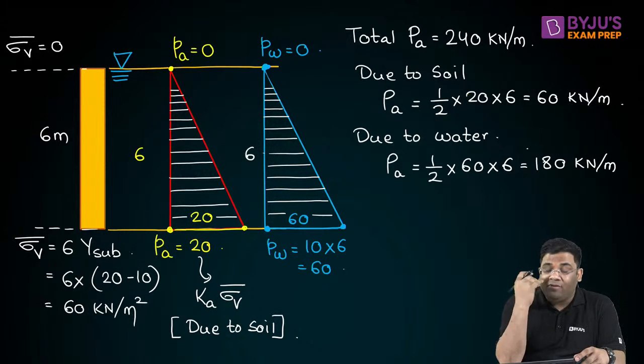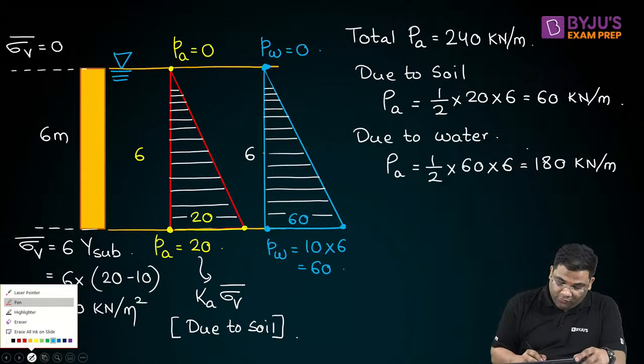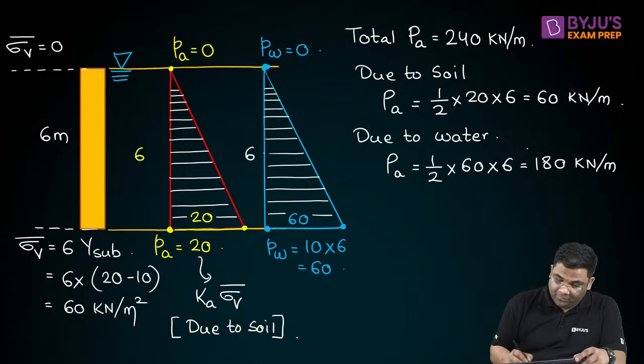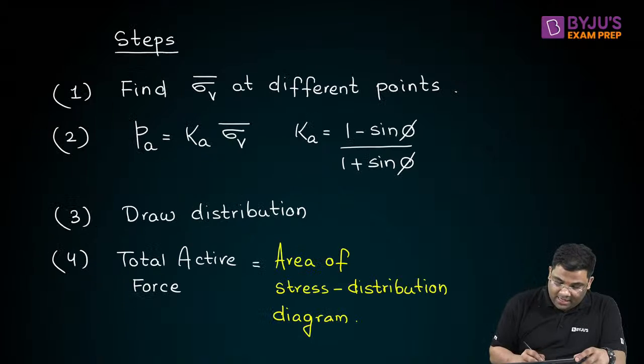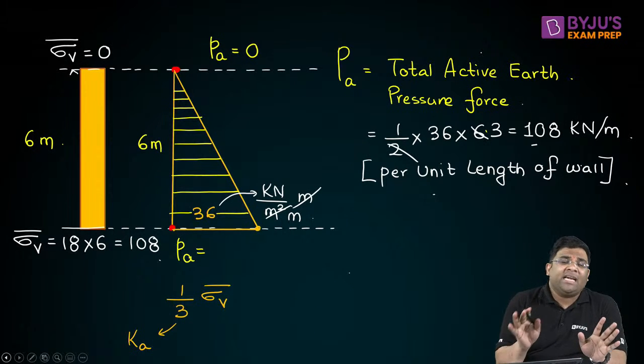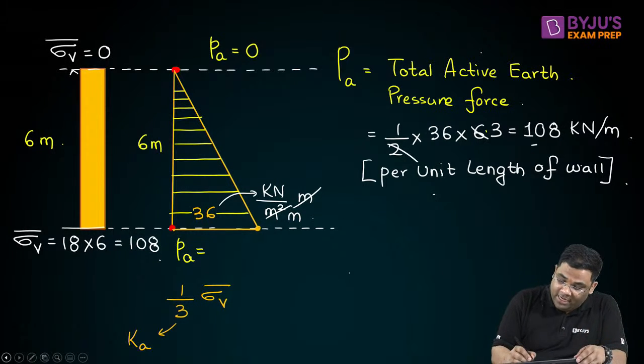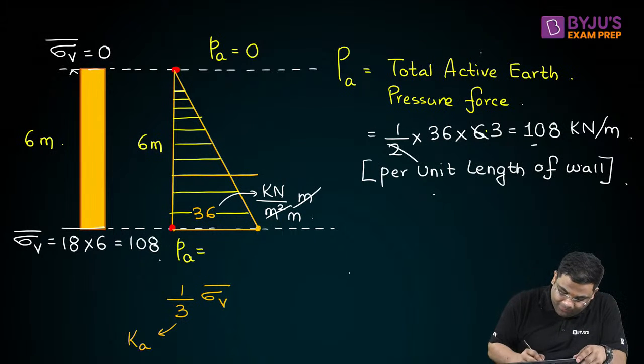If I'm interested in finding the point of application where it acts, how to find out? Let us see. In the previous diagram, there is only one stress diagram, and it is triangular in shape. We know that it's triangular, so the total force will act at the centroid, and the centroid lies at h by 3 from the base.